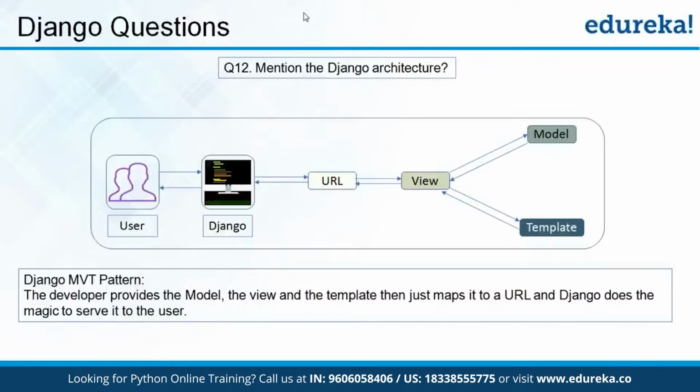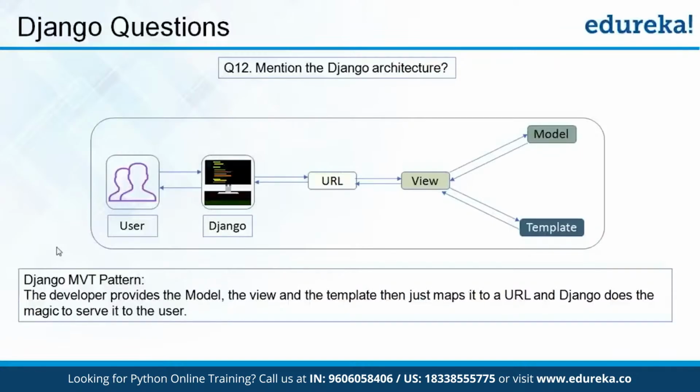Whereas the template, the T, is similar to the view in MVC, because T is basically the templating part where you have your HTML templates, your text templates, and different types of templates, typically your HTML templates.